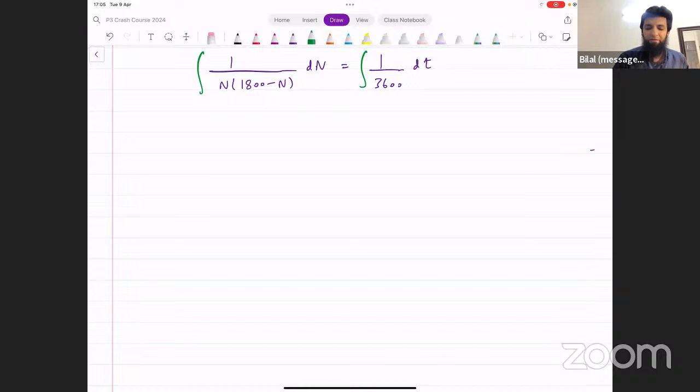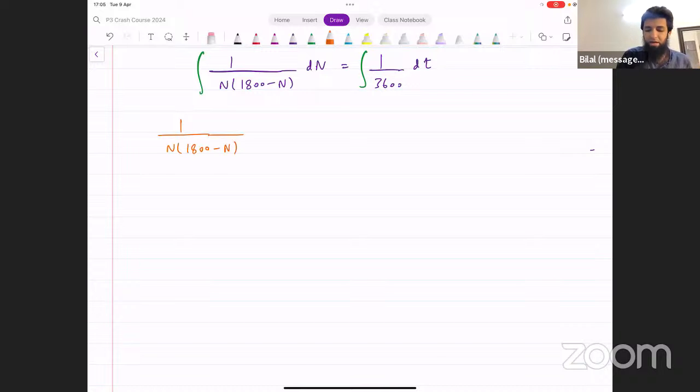But you have factors in the denominator. You can use partial fractions for that. Let's find the partial fraction for that. So let's just stop the integration process here for now and do partial fractions first. 1 over n into 1800 minus n.